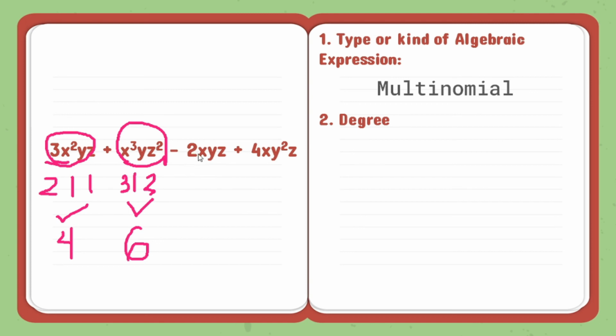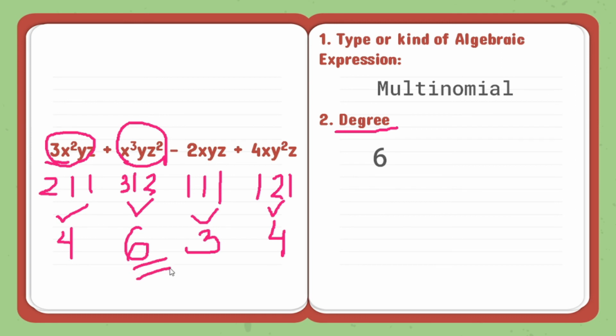Now, how about here? We have invisible 1 sa x, invisible 1 sa y, at invisible 1 sa z. So, we have here the sum of all the exponents is 3. How about here? We have 1, 2, and 1. So, ang sum niyan ay 4. So, what is the degree? The highest exponent or highest sum of the exponent in a term. So, we have the degree is 6.